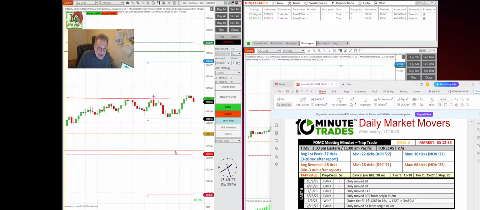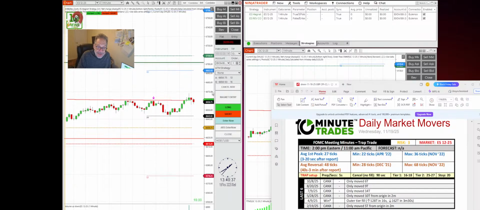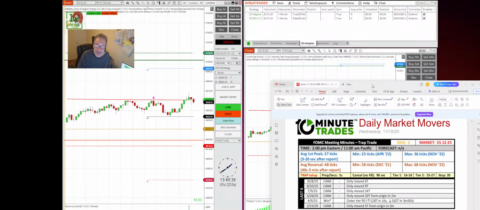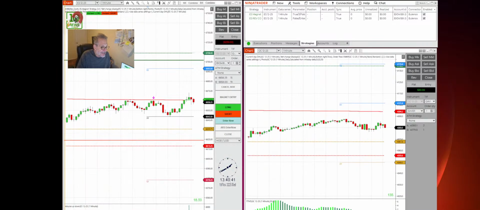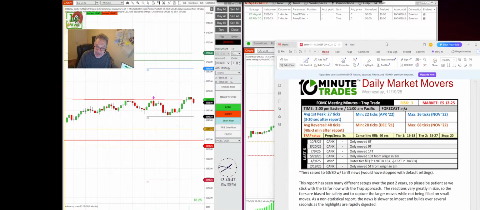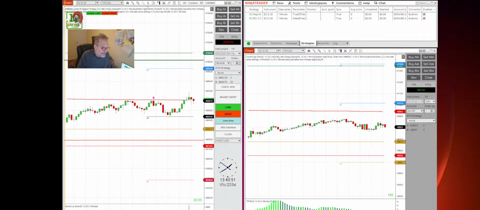And then on the low of the day, we'll buy below 66.20. Okay. That's my magnet on the ES. Yeah, the trade has mostly canceled. I think today it's going to move.